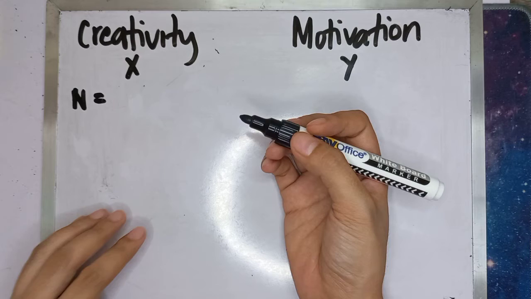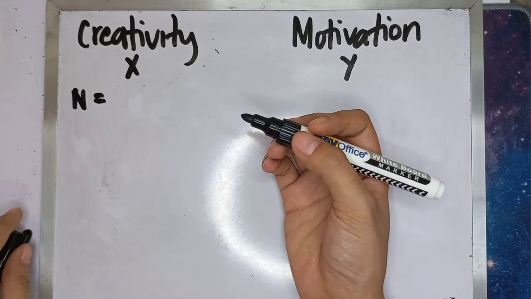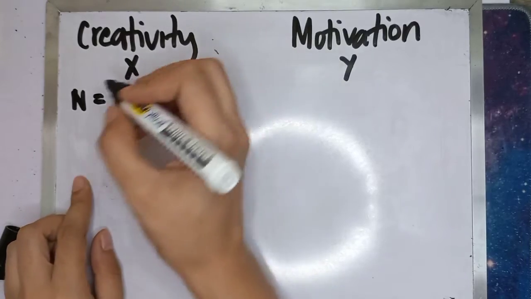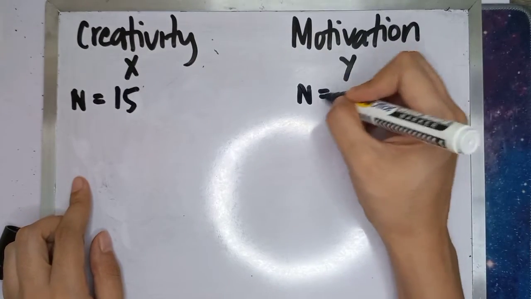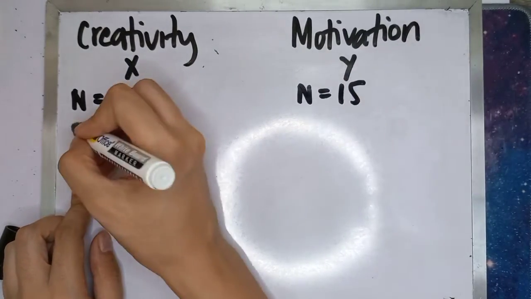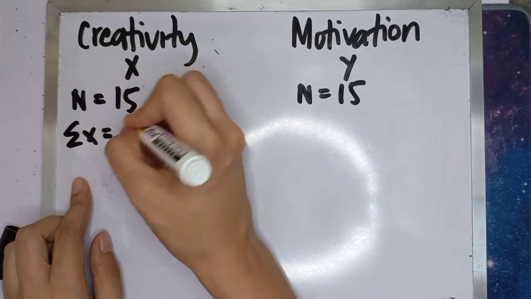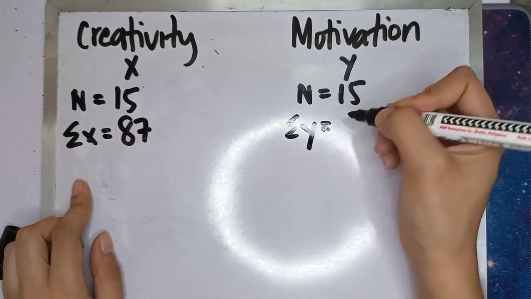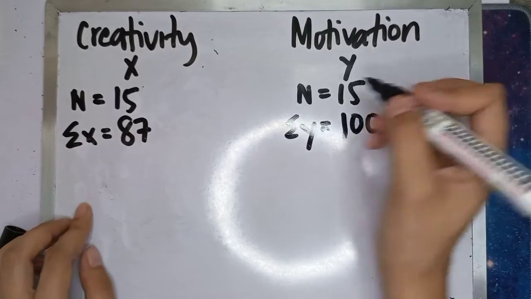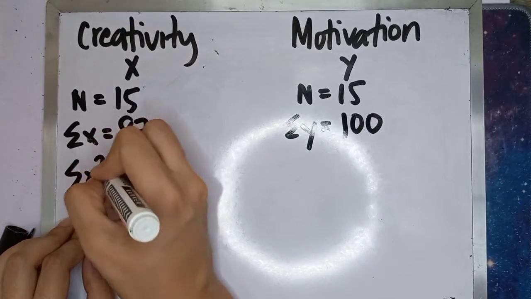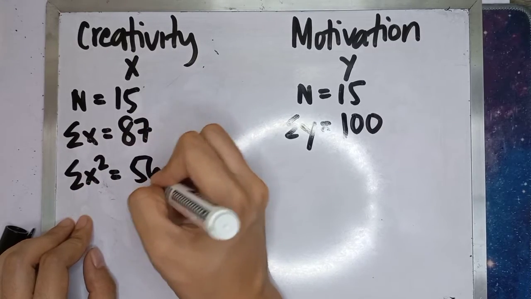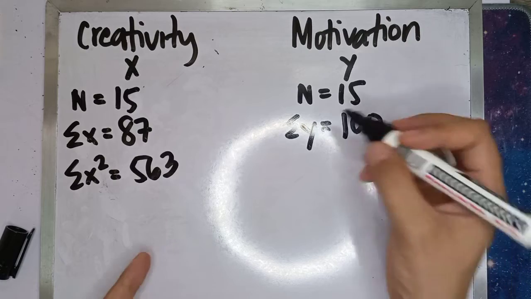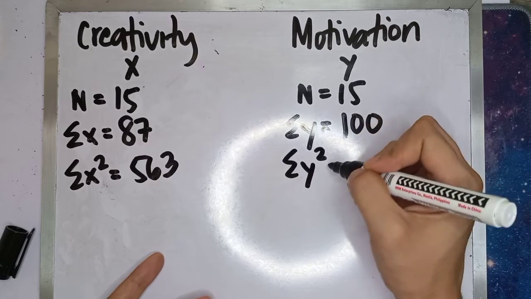So, ang result ng previous na computations natin with the linear correlation, ang N natin ay 15. Okay, both 15. Summation of X natin ay 87. Summation of Y ay 100. Summation of X squared ay 563. Again, ito ay result ng table doon sa correlation, ha. Pwede nyo balikan yung notes ninyo.